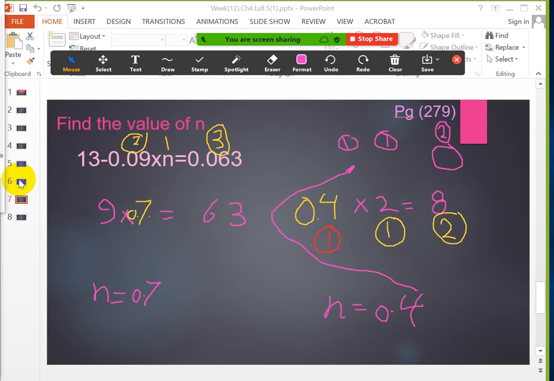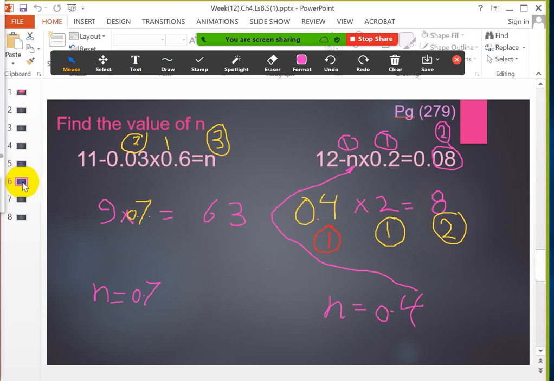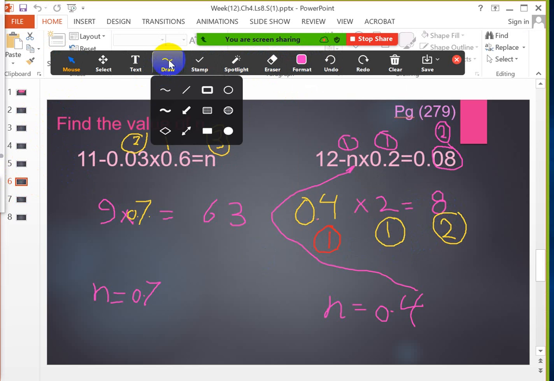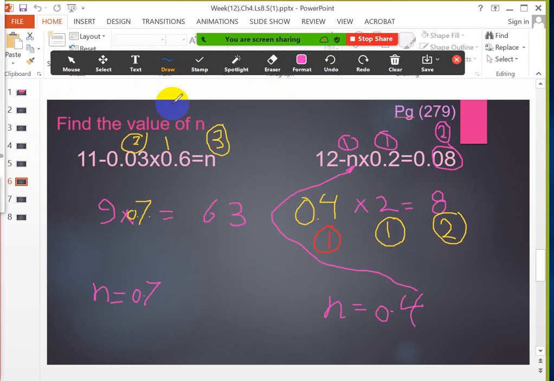Okay, I will return to the slide. Look, how many digits are in the answer? 2, right? And here I have only 1 also. So to make this product have 2 digits after the decimal point, I have to add to the 1.